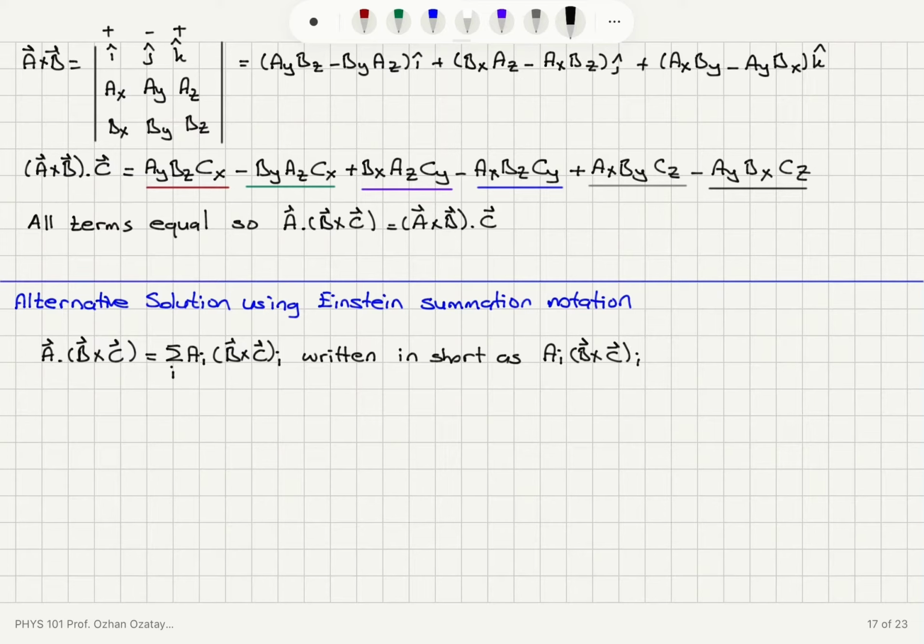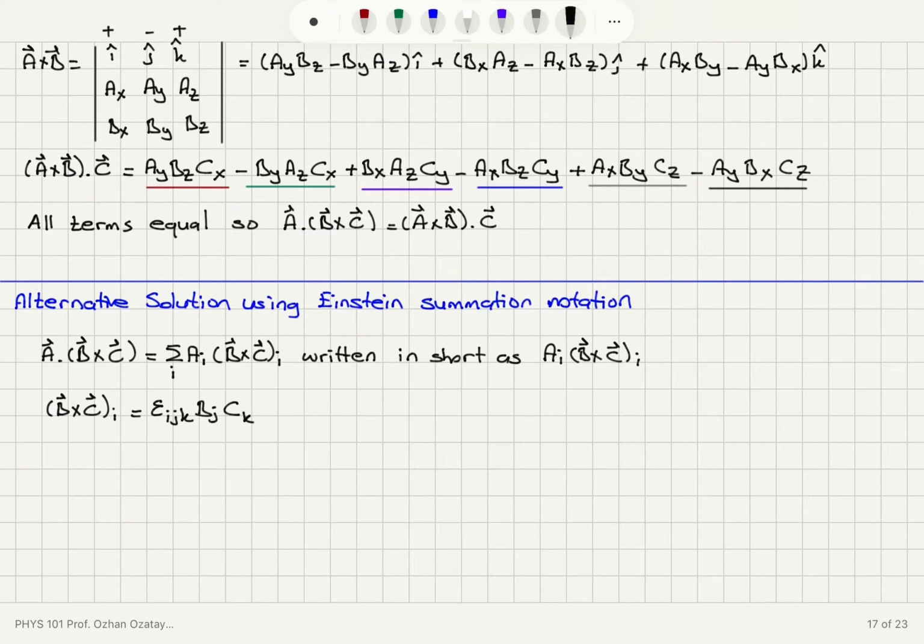So B cross C, ith component, can be written as epsilon sub ijk, b sub j, c sub k. So this is basically another way to write this determinant, where this epsilon ijk is equal to epsilon jki is equal to epsilon kij, which is plus 1.